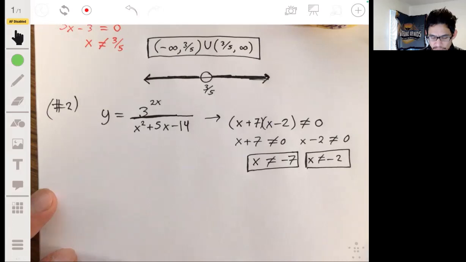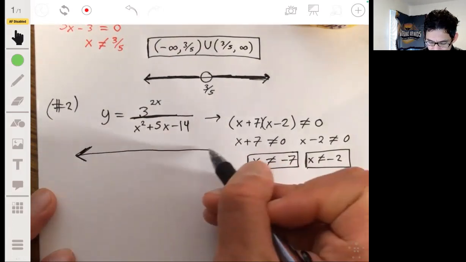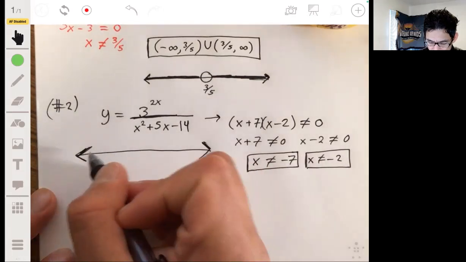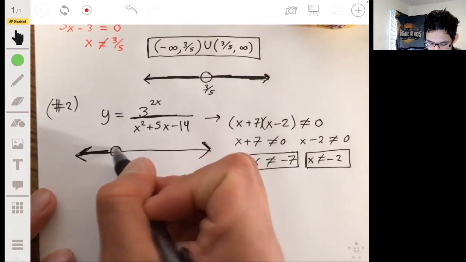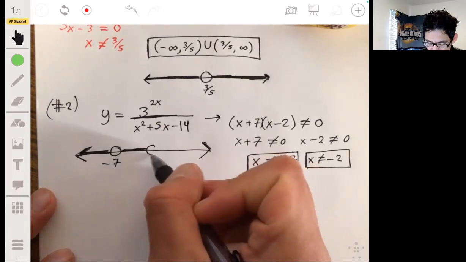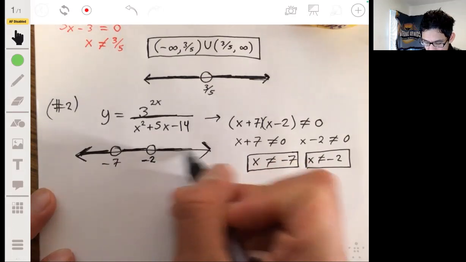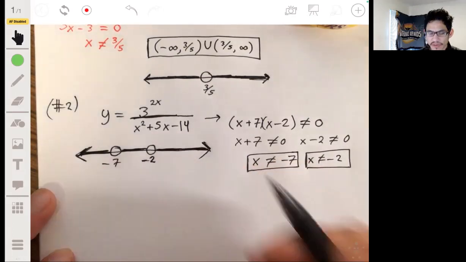So we skip these. On a number line, again, -infinity, +infinity, we jump over -7. We start up again, up to 2, open circle, jump over 2, and we go again to the right towards +infinity.